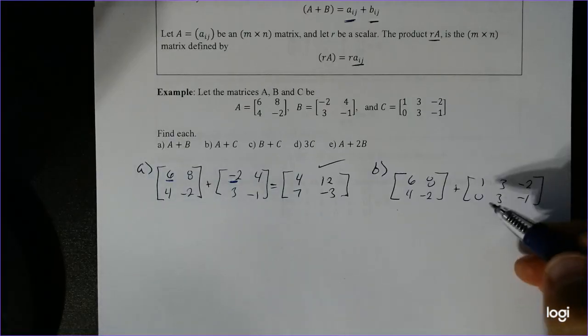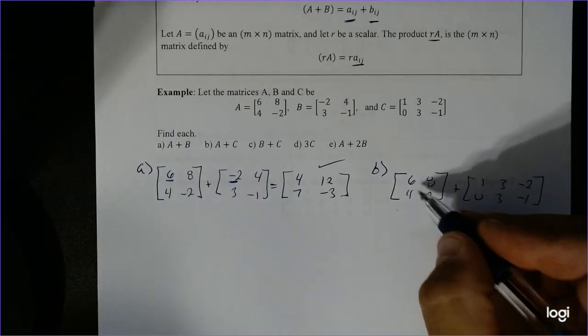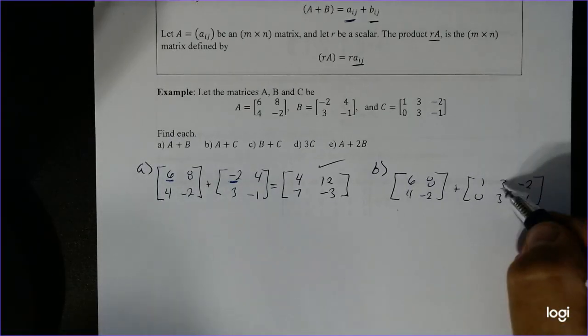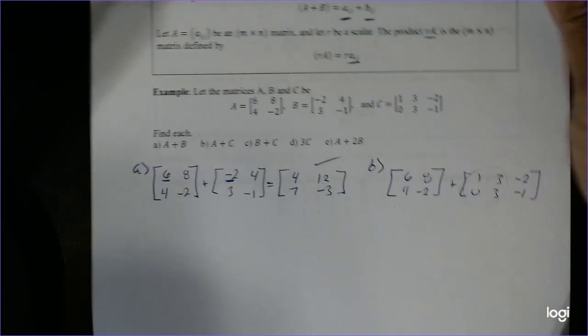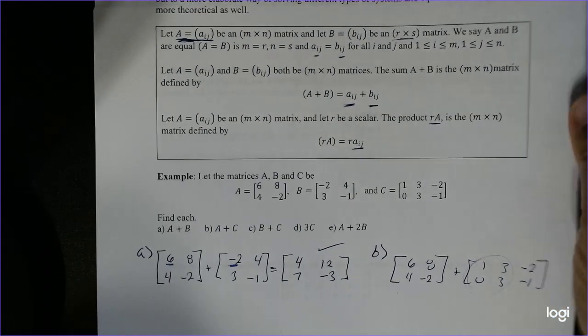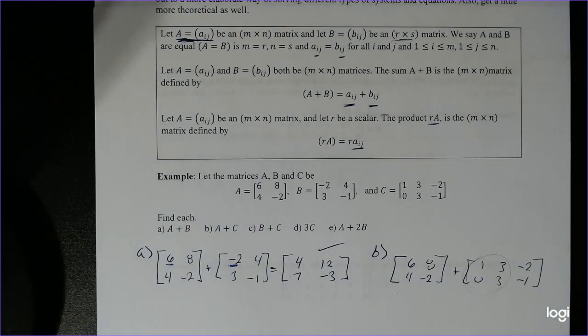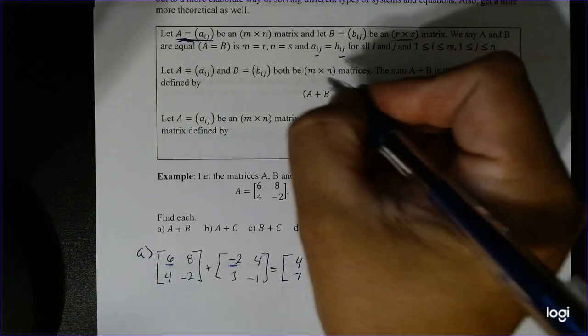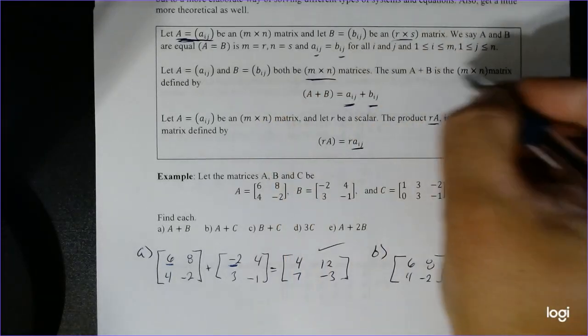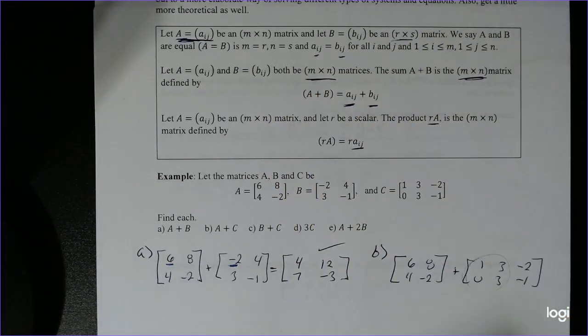Okay. So we do have a bit of a problem because notice these entries only stop here. So at this point we've got to go back to the definition. When it comes to the addition of two matrices, they both have to have the same number of rows and the same number of columns.